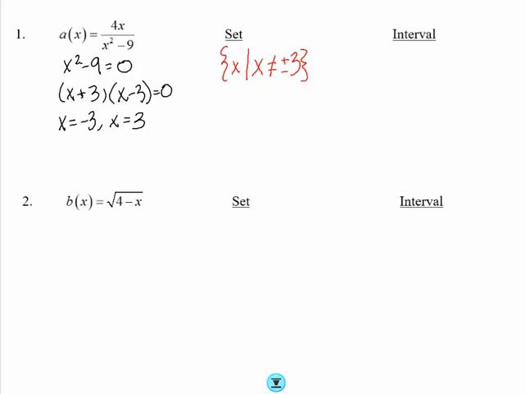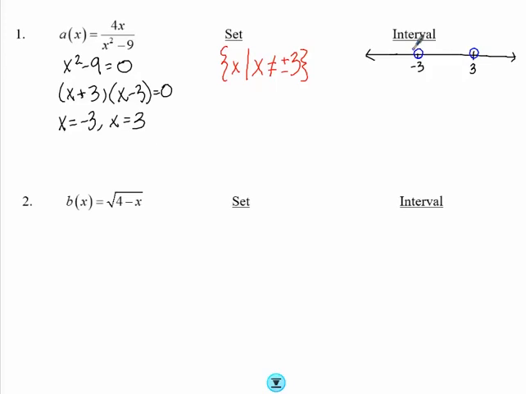If we're going to write the domain in interval notation, we need to think about a number line. So we've got -3 here, we've got +3 here. Our domain can be everything except these two numbers.